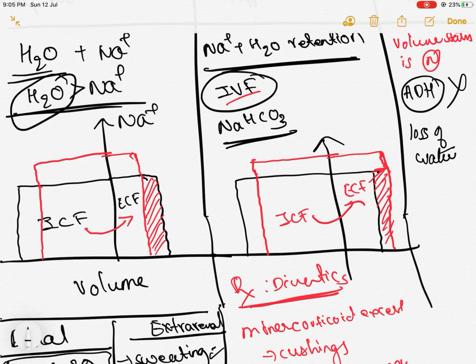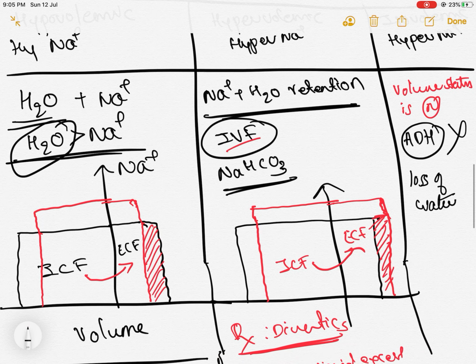The distal DCT as well as the collecting duct helps in about 5% reabsorption of sodium, and maximum concentration of urine, that is reabsorption of water, is done by the collecting duct as well as the distal DCT. So whenever there is no ADH, there is excessive loss of water.